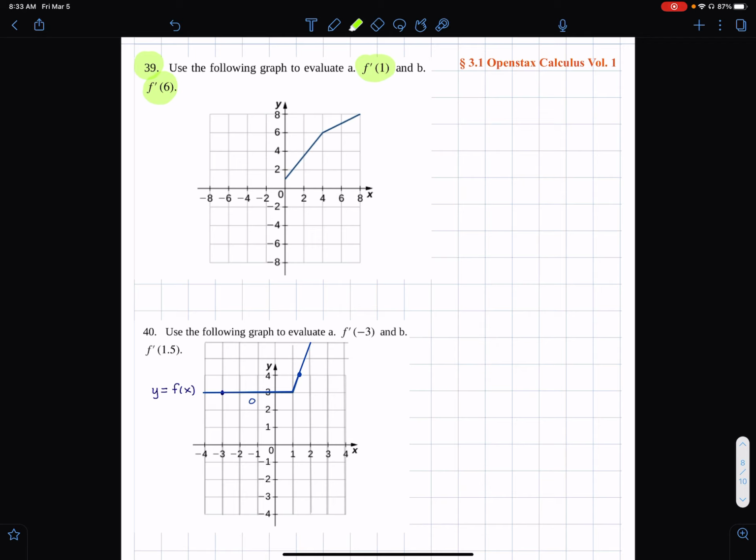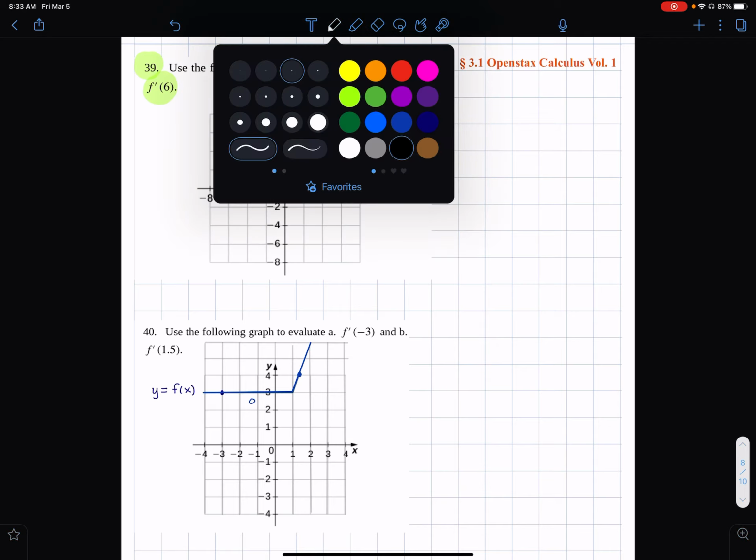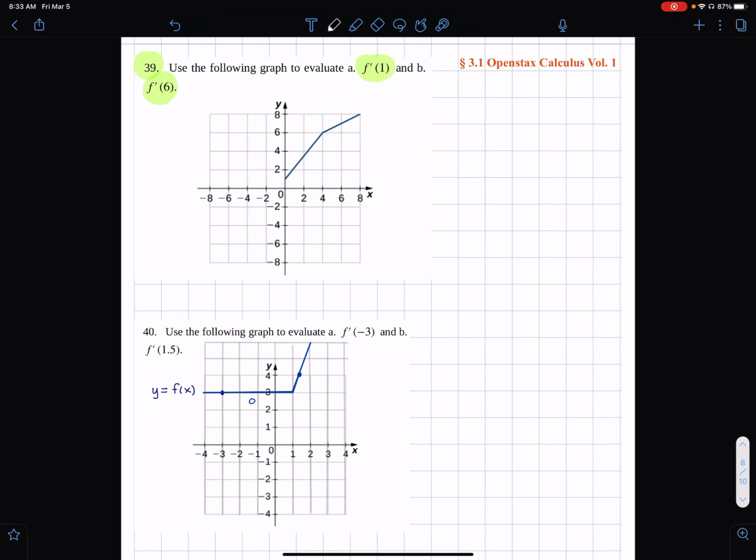And the way we think of this or interpret this is that we know, hopefully, the derivative is the slope of the tangent line.